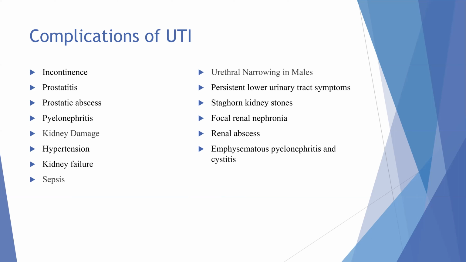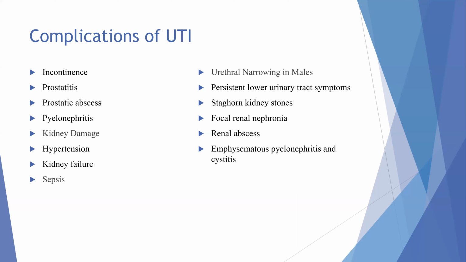Well, it's a long list here of different complications from having a UTI. These are possibilities of what can happen, and many of them happen when an individual has a UTI that goes untreated for a while. A UTI can cause someone to become incontinent.